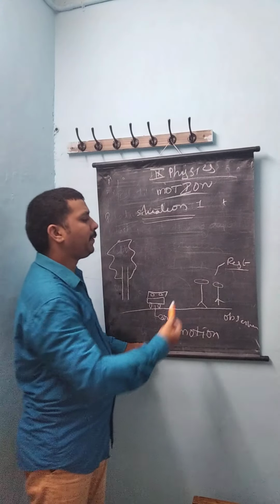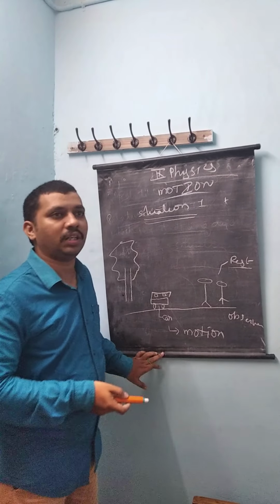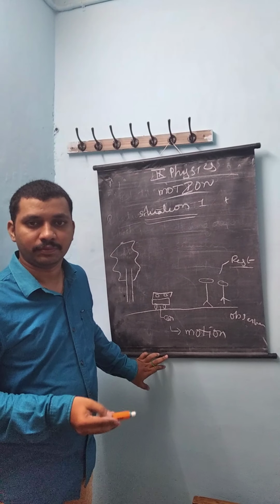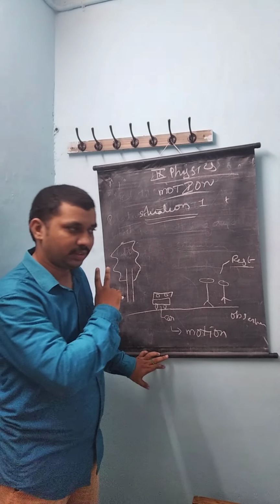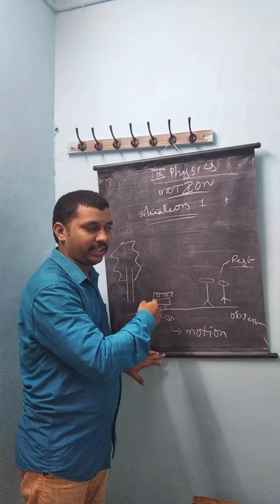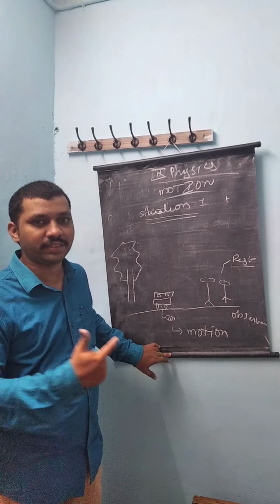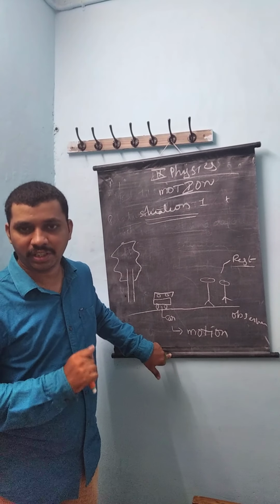Then, with respect to us, what is the position of the car? Here we have two things, the tree and the car. In the first situation, we said that the tree is at rest because we are not observing any change in its position.